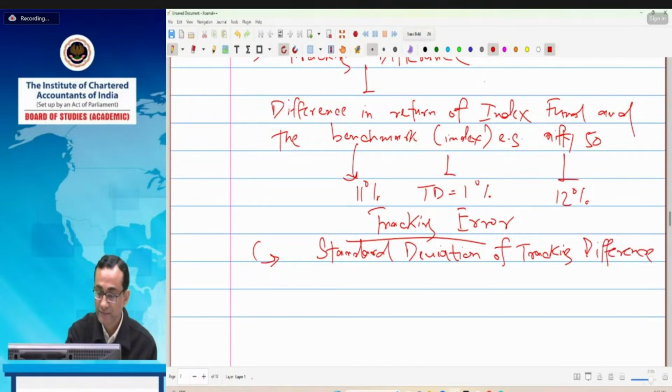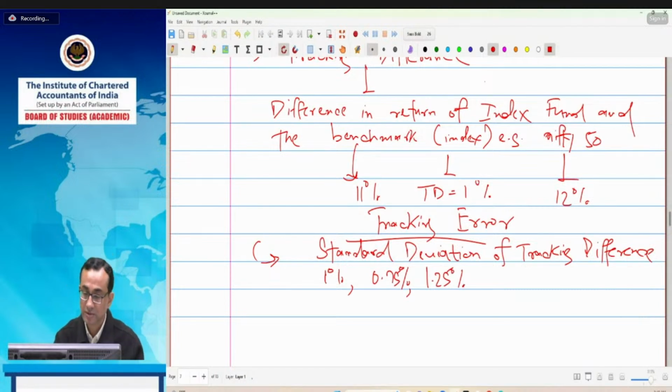Let us say for the first year, the difference is 1% as we have calculated. The second year, the difference is 0.75. The third year, the difference is say 1.25. So what is the deviation? Then standard deviation is calculated in order to calculate the tracking error.